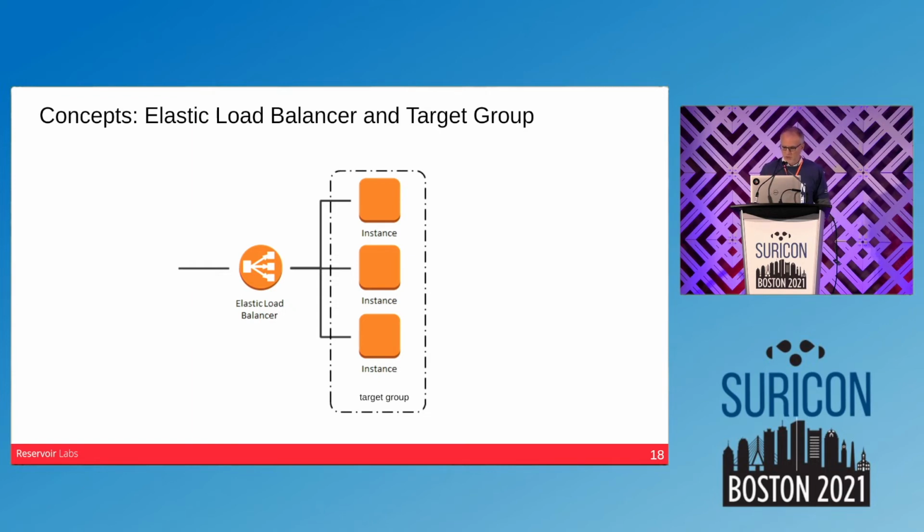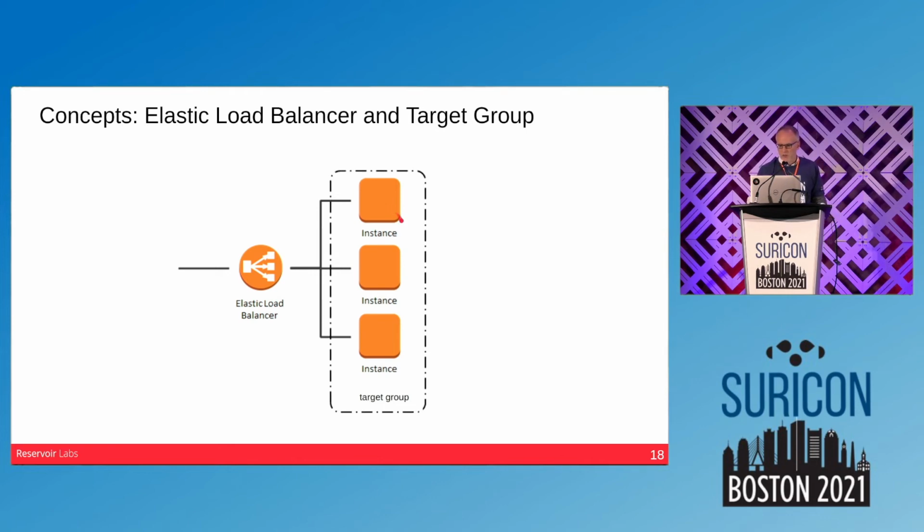There's this notion of a load balancer that's available from AWS Cloud. Specifically, there are different kinds of load balancers. We're using a network load balancer, which is one kind. And then there's a notion of target group. A target group is where you register your instances, and these instances are where you would run Suricata on top of DPDK.